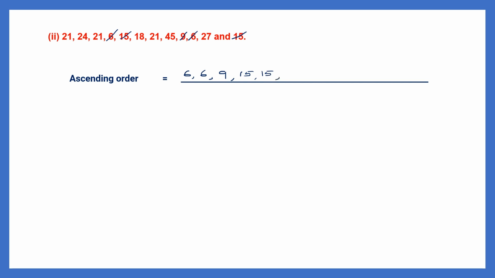Then let's see. Now we have 18. So let's write down 18. There's only one 18, isn't it? Yes, only one 18. Then we have 21. So 1, 2 and 3 21s. Then what do we have? We have 24. There's only one 24.